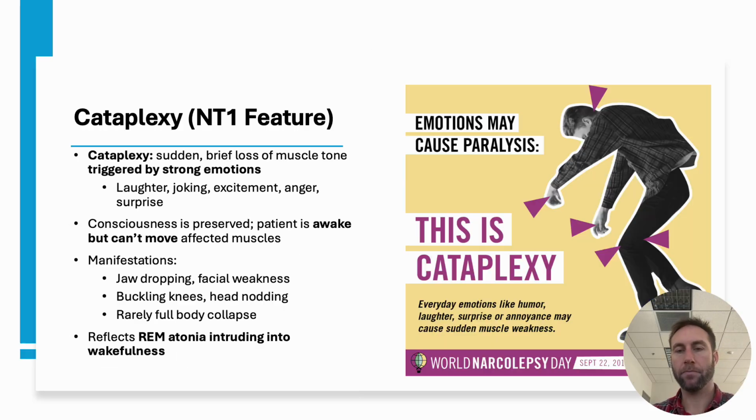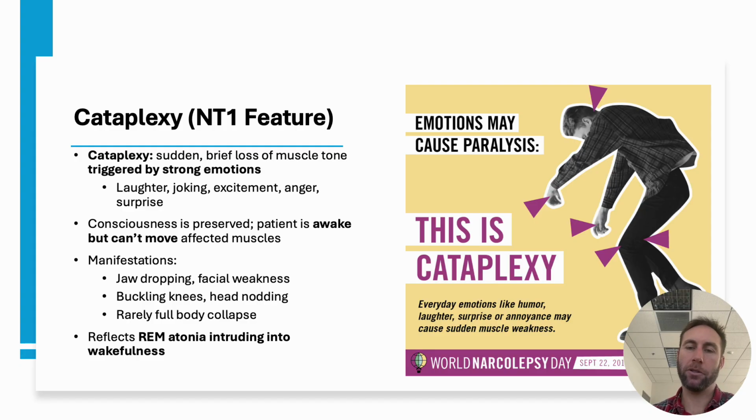All right, so cataplexy. I know that you guys are probably sitting there wondering what cataplexy is. Well, cataplexy is a hallmark of type 1, and it's a sudden, brief loss of muscle tone triggered by strong emotions, especially laughter. So don't tell jokes around narcoleptics because they might fall over. Anyways, the key point is that consciousness is preserved during this whole thing.